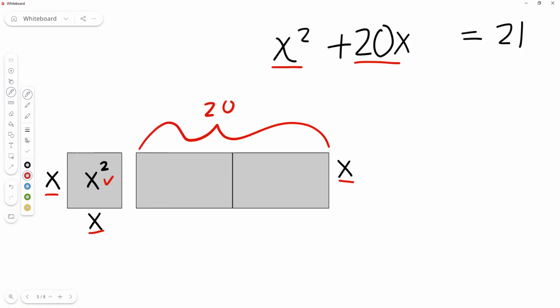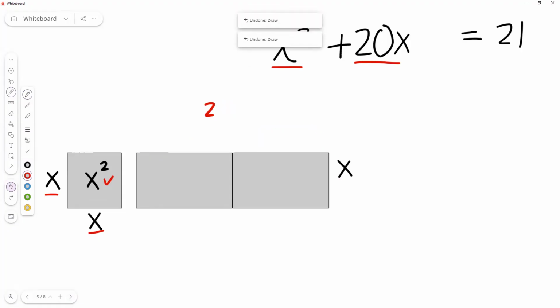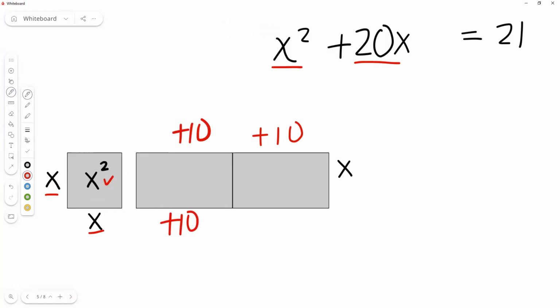First thing I want to do is simplify this. All right, so we're going to take half of the b term, so 20. Half of 20 is going to be 10, right? Now I'm going to put a 10 down here, and I'm going to tell you why in a second. But now, we are going to take half of the rectangle, this half.